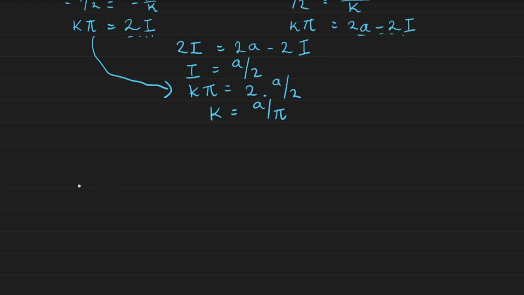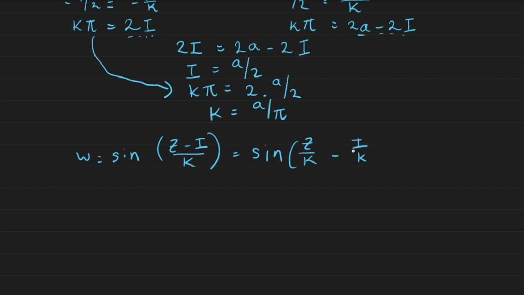So let's just remind ourselves what w is. w was equal to sine of (z minus i) over k. So this is equal to sine, we just divide here, z over k minus i over k.